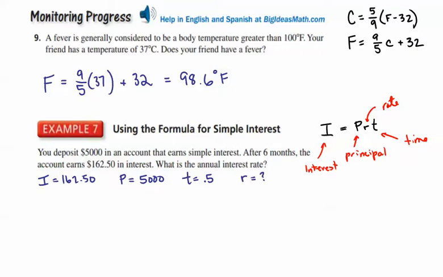So at this point it's okay for me if you were to just start with your formula.